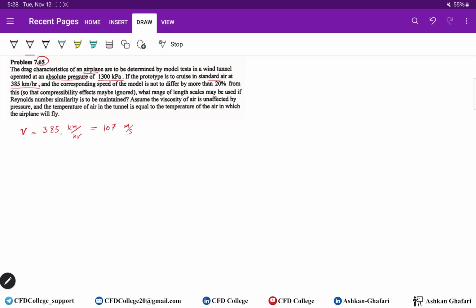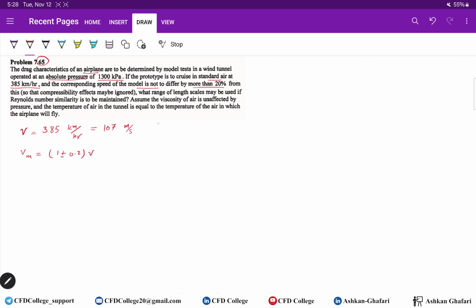You should divide it by 3.6. And the corresponding speed of the model is not to differ by more than 20% from this. So Vm equals 1 plus or minus 0.2 times velocity.